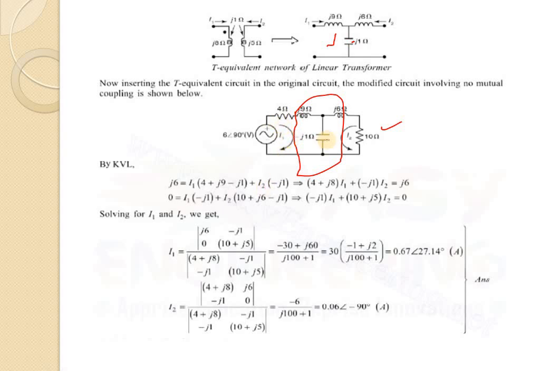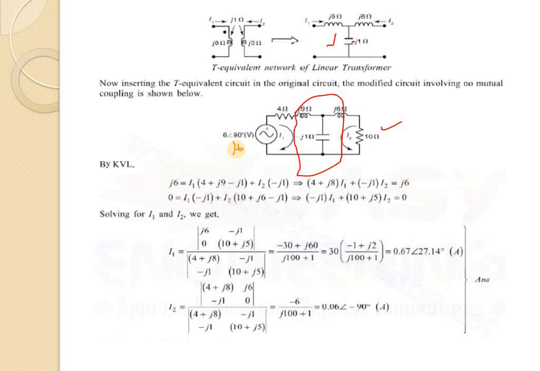We apply KVL in the first loop, and we get j6, basically 6 angle 90 degrees, the source voltage. Angle 90 indicates j. So j6 equals I1 into (4 plus j9 minus j1) plus I2 into minus j1.